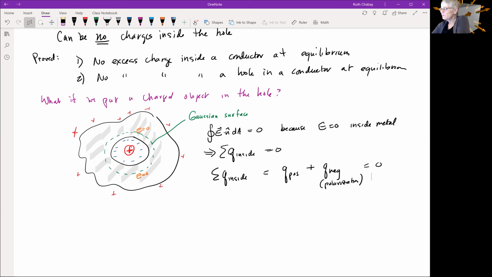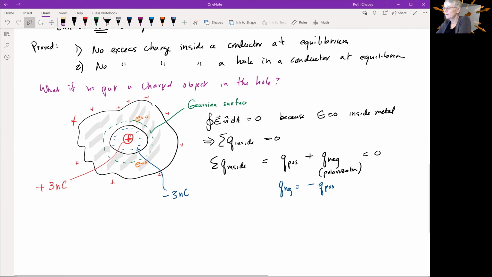So, for example, if this charge was +3 nanocoulombs, we would have to conclude that on the inside of this surface, we would have -3 nanocoulombs. So Q negative is minus Q positive. So we know exactly how much charge there is due to this polarization on the inside of this hole.